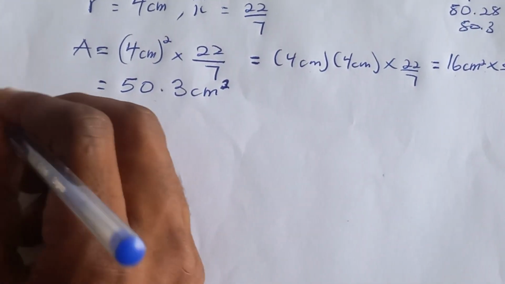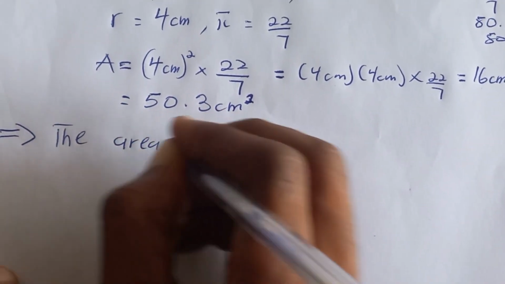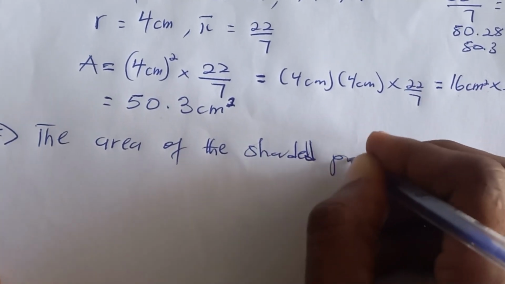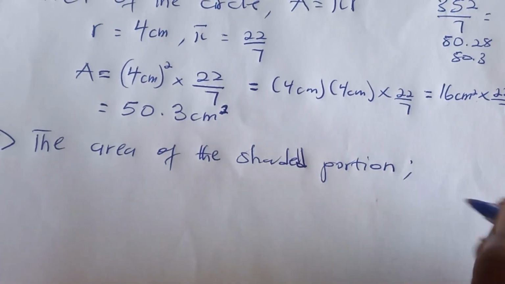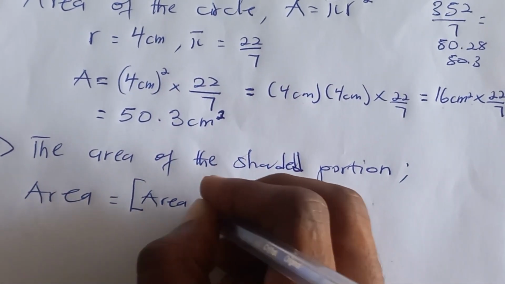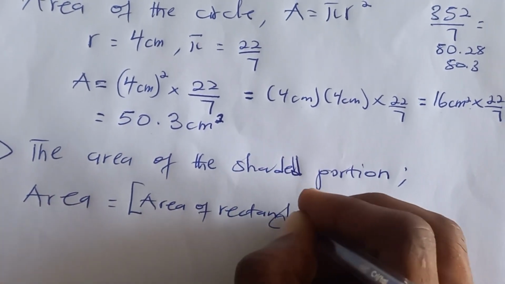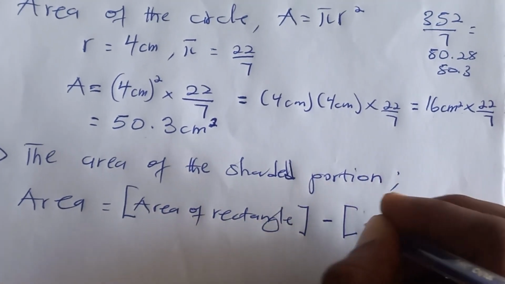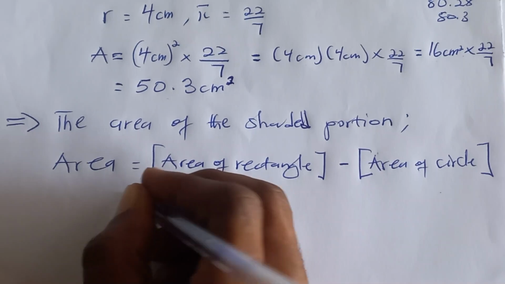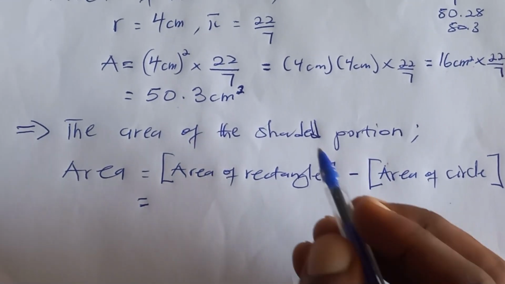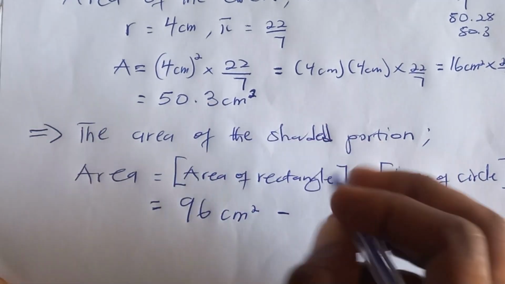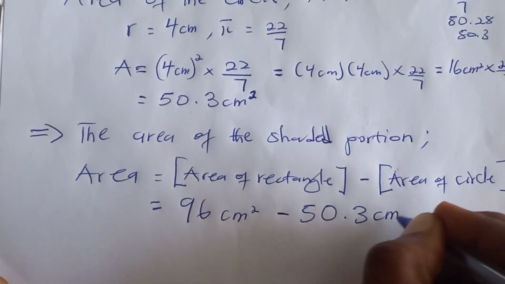We say that the area of the shaded portion is equal to the area of the rectangle minus the area of the circle. The area of the rectangle was 96 centimeters squared, minus the area of the circle, which was 50.3 centimeters squared.